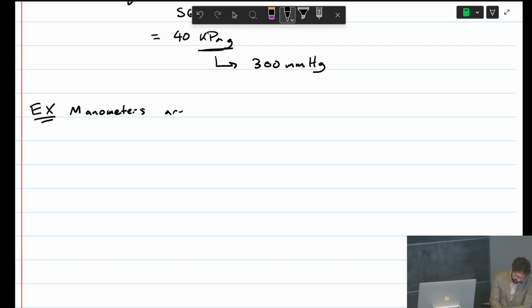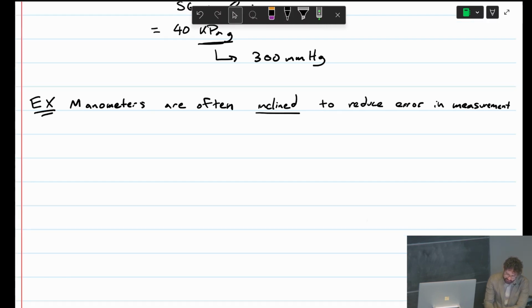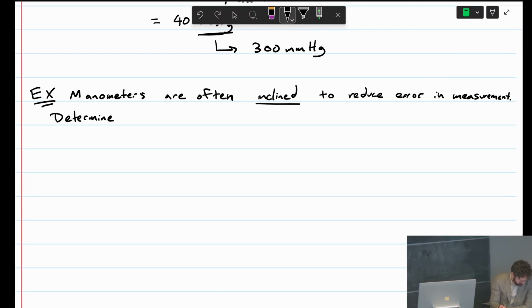So manometers are often inclined to reduce, say, the measurement error. So I'm going to say determine something that characterizes a manometer.